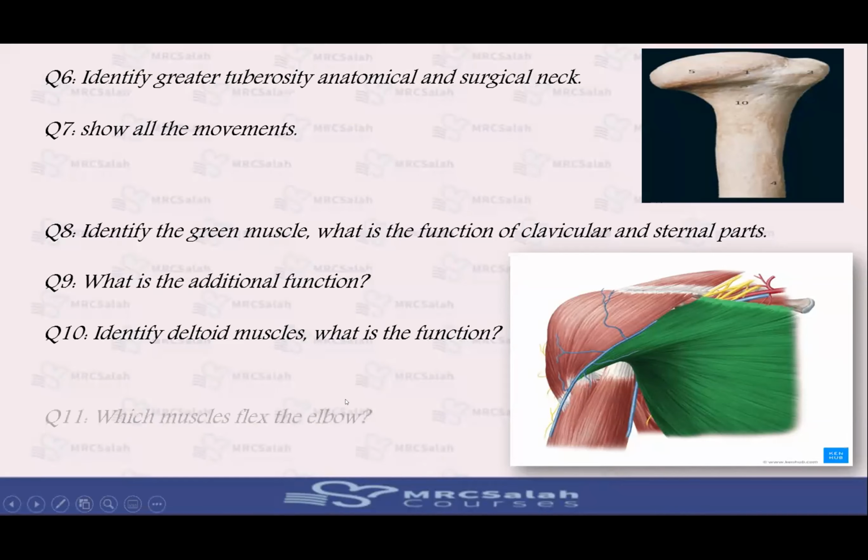Okay. Dr. Muhammad, can you tell me which muscles are responsible for flexion of the elbow? The biceps brachii, brachioradialis, brachialis, pronator teres, also flexor carpi radialis.